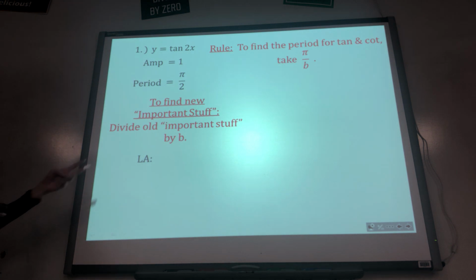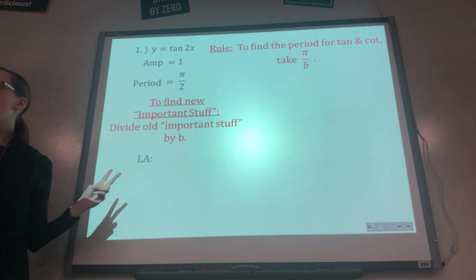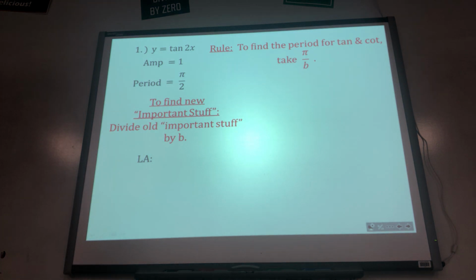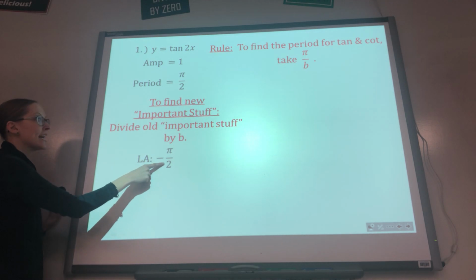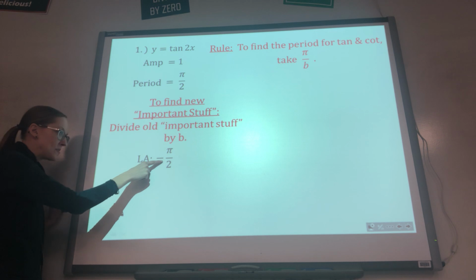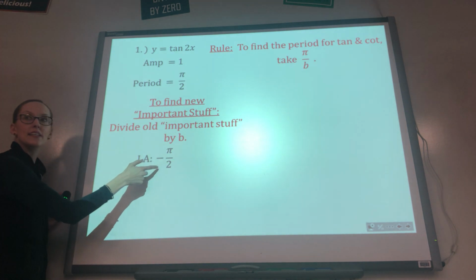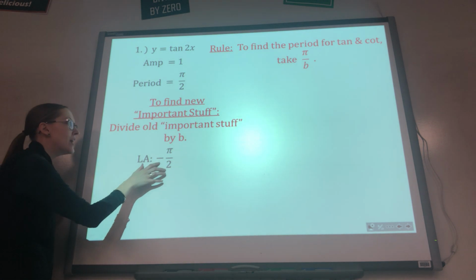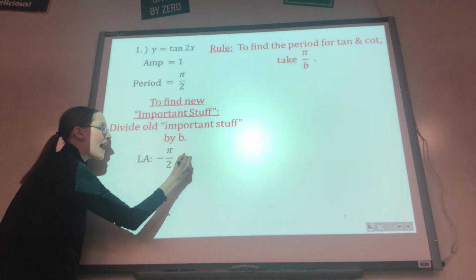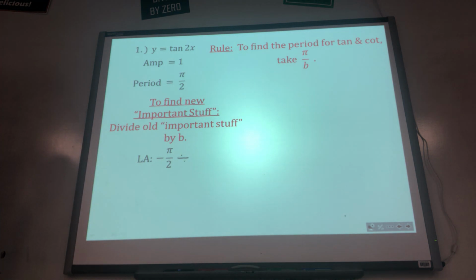Where was the left asymptote for our tangent graph? Negative pi over 2. Take the old important stuff, which right here is the negative pi over 2, divide that by b.